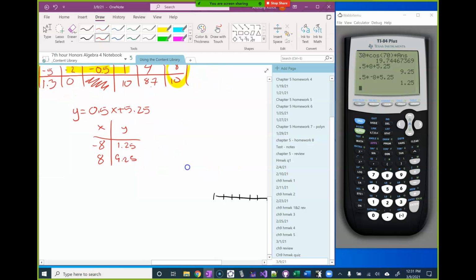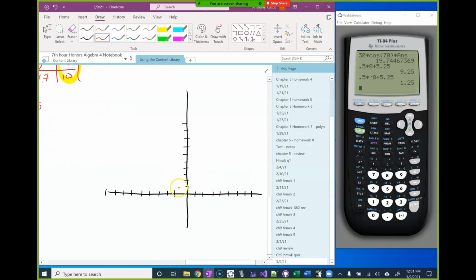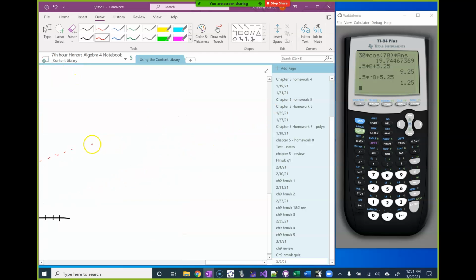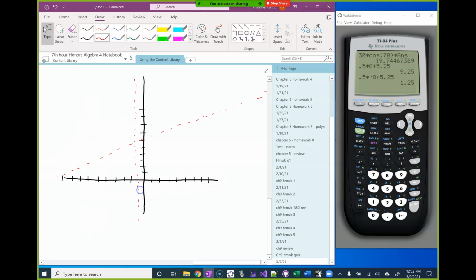I have -8 and 1.25, and then +8 and 9.25. So I got something there for my asymptote. Everybody good with that?